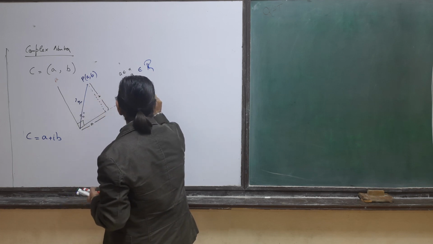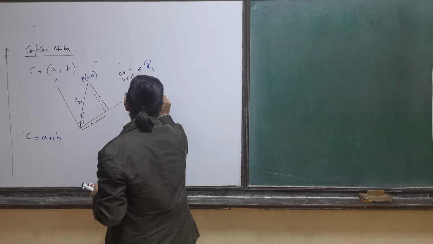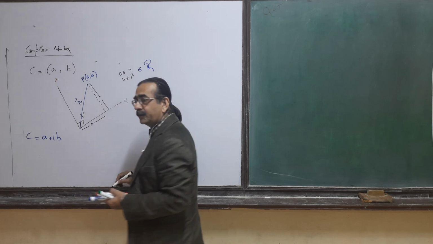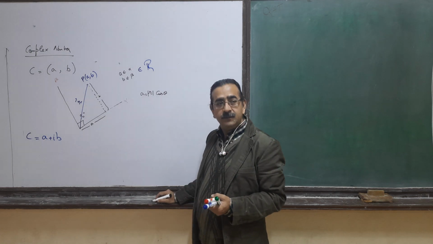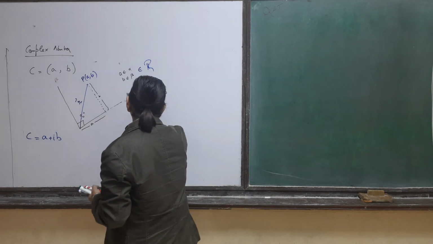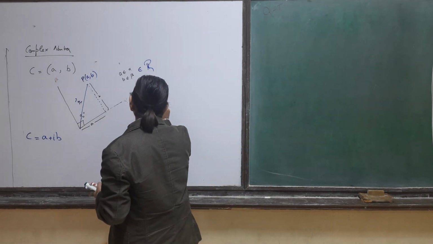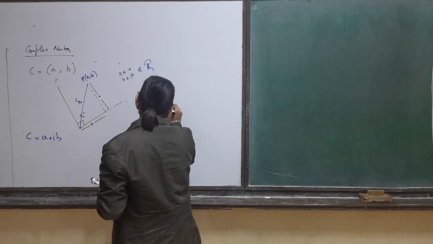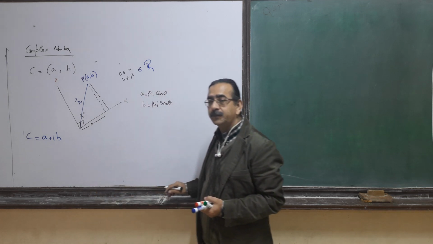A will be R magnitude cos theta, and B will be R magnitude sin theta.